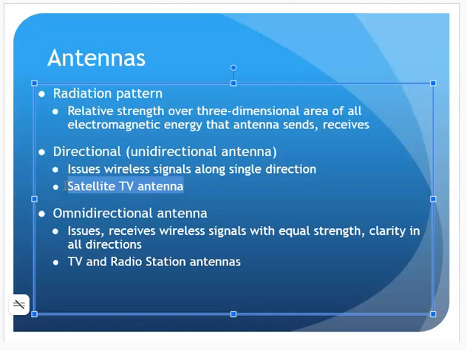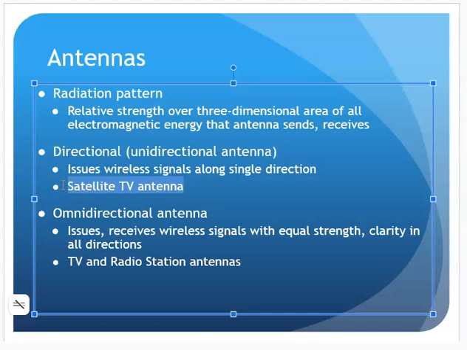Meanwhile, there are omnidirectional antennas, which broadcast in all directions. A lot of your wireless access points, the ones that used to have the little antenna sticking up, were designed to broadcast in all directions. That way you could be sitting in the living room, bedroom, or dining room and pick up the signal all around your house.